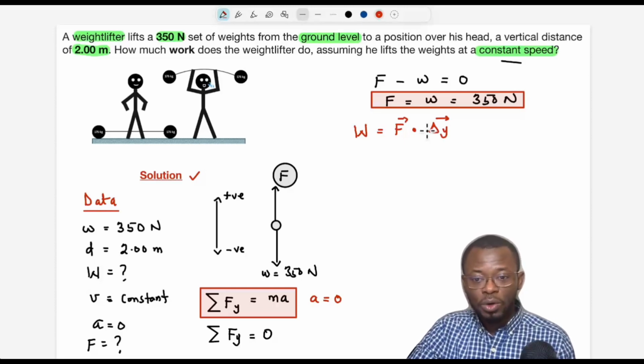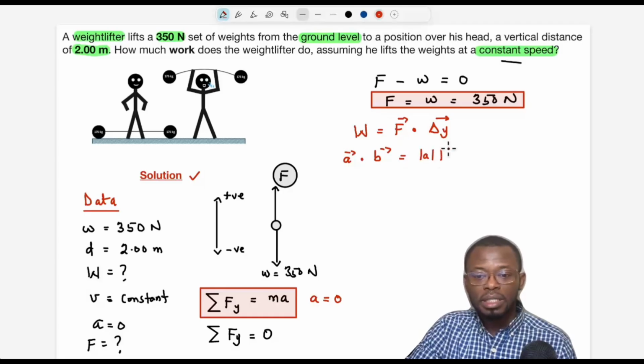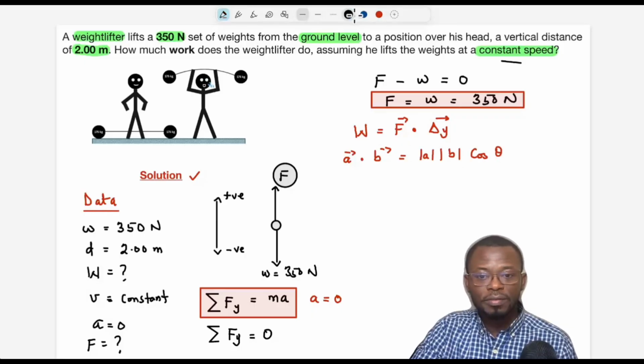But we've already established that the force and the displacement both are pointing upwards, so they are going to be positive values. Just as a review, if you have vector A dot vector B, that is equal to the magnitude of A times the magnitude of vector B times cosine of the angle between them. So this is what we call the dot product of vectors.